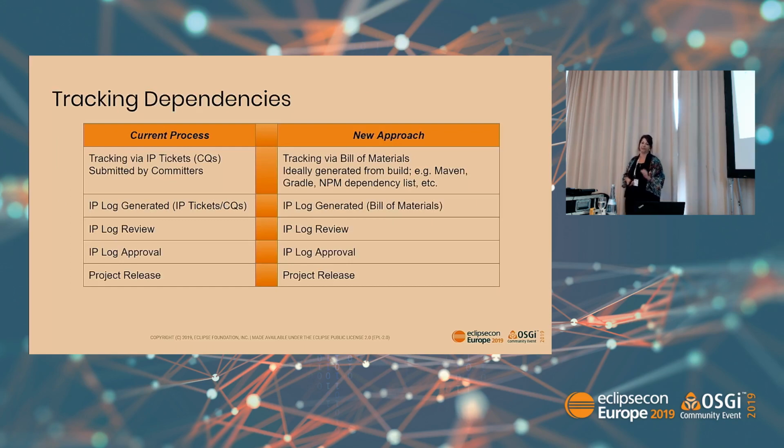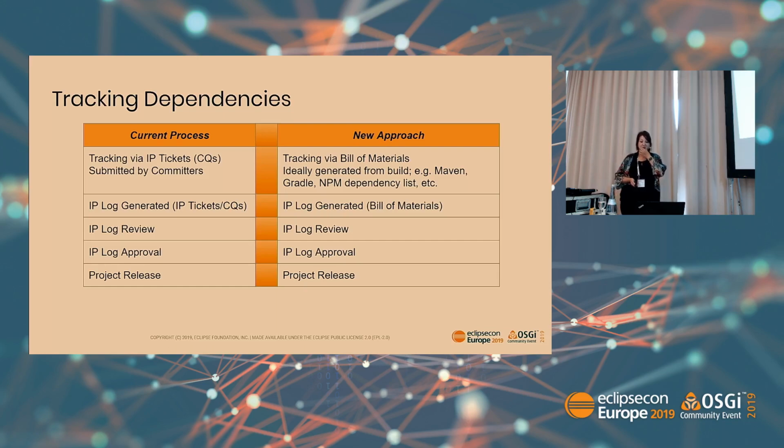The current practice for tracking dependencies, and yes, this is something that we do need to know about for a variety of reasons. Today, the system is an IP log is required before you request your release review. That information is generated by the ticket you have already filed. We get that generated. You approach us. The review happens. Then you get approval, hopefully, as long as we don't find something in the build that you didn't declare, and you're off to the races for a project release.